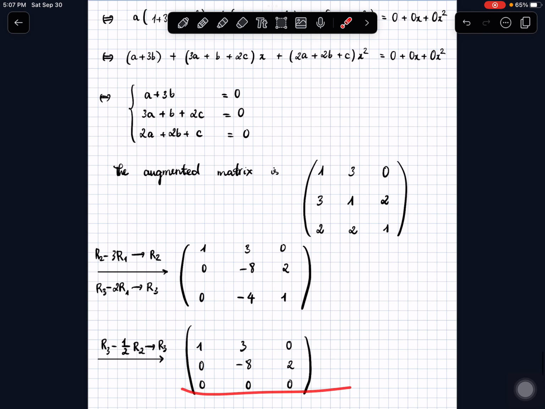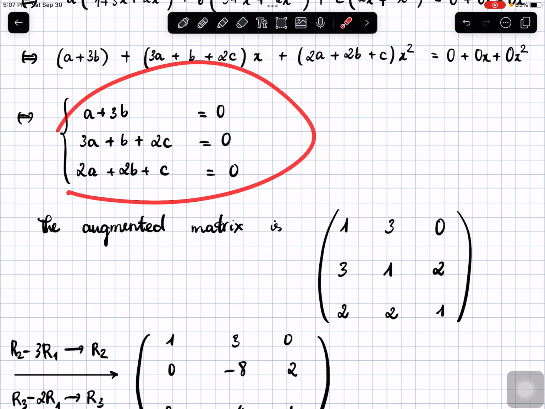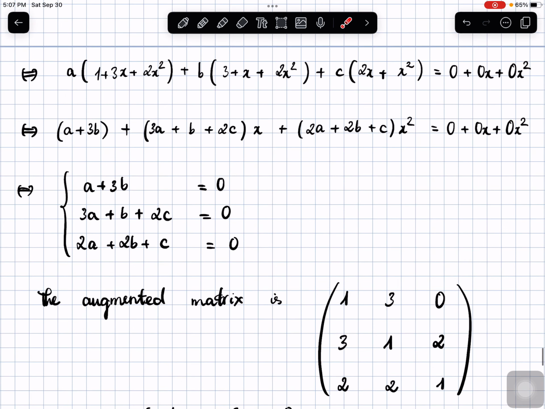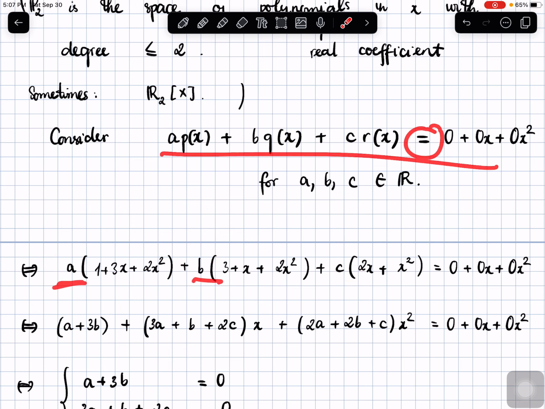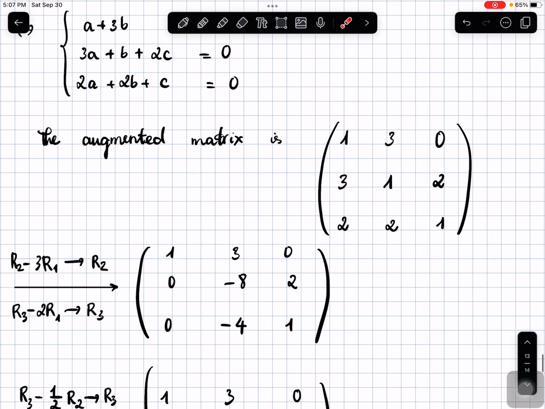Therefore, this system has infinitely many solutions, right? And in particular, it has a non-trivial solution. By definition, if this equation has a non-trivial solution, this means the 3 vectors, p(x), q(x), and r(x), are linearly dependent.